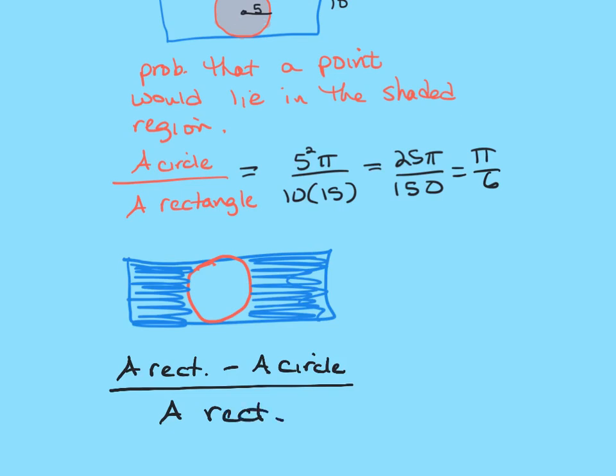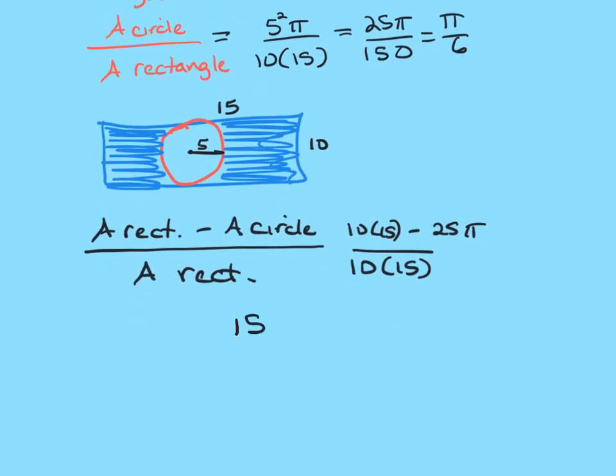So again, we could use the same dimensions, the radius of 5, 15, and 10. So again, the area of the rectangle, 10 times 15, minus the 25 pi. So 150 minus 25 pi over 150. I could actually divide them all by 25.